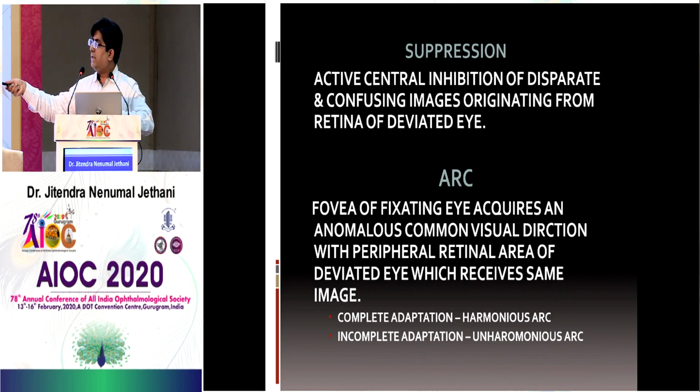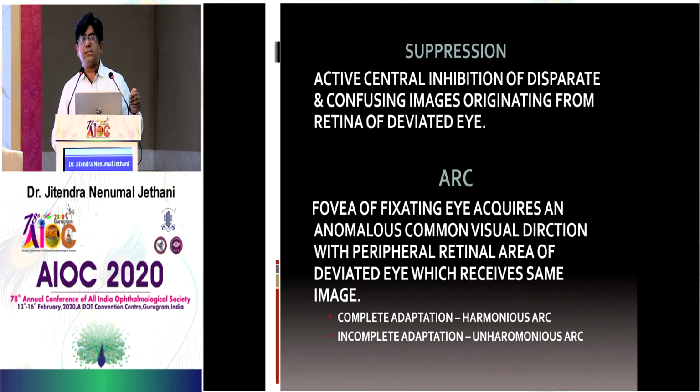Similarly, ARC is different from eccentric fixation. Eccentric fixation is monocular. Even if you cover the other eye, he will still have eccentric fixation. Here, the fovea of the fixating eye acquires an anomalous common visual direction with the peripheral retina. So ARC can be complete or incomplete, which means it could be either harmonious or unharmonious. What is harmonious ARC?